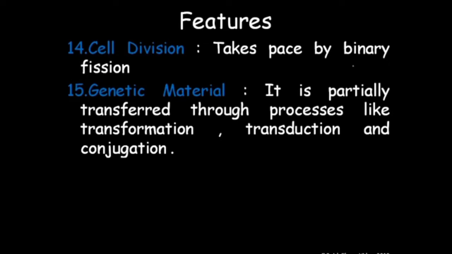Cell division mostly takes place by binary fission. Genetic material is partially transferred through processes like transformation, transduction and conjugation. These are the three processes by which genetic material is transferred from one bacterium to another.